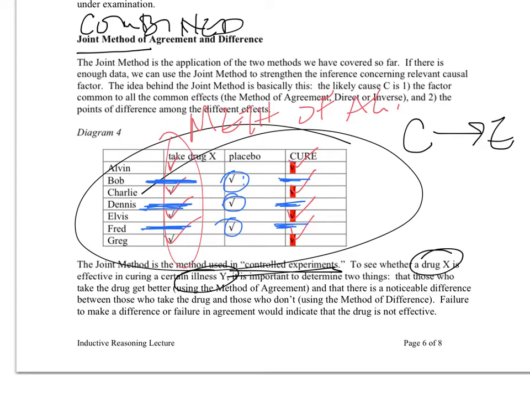If you don't see a difference between those who take the drug and those who don't, that means that the drug is not effective. So that's how you use the method of difference in the controlled experiments. And of course, the method of agreement is about making sure that everyone who does take the drug actually does get cured or does improve in some way.